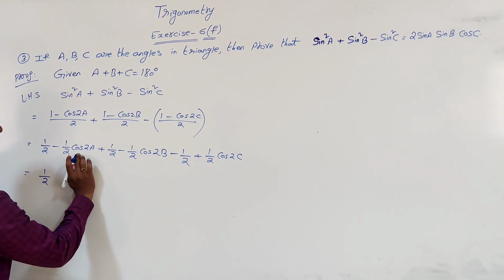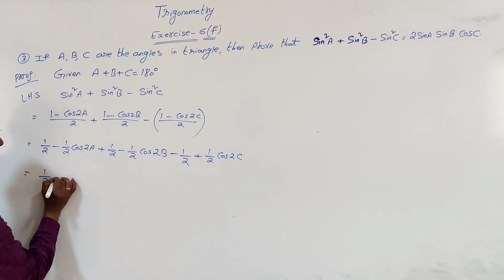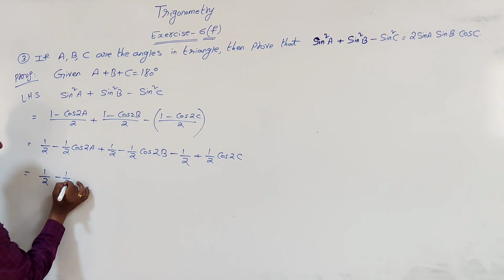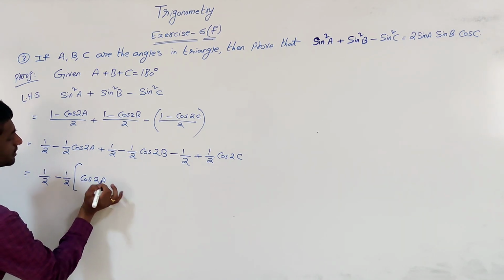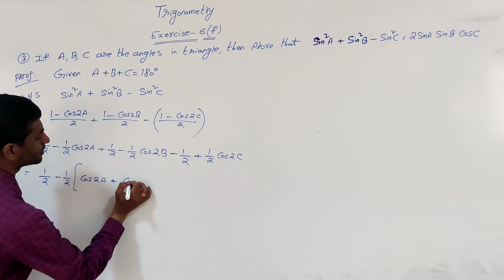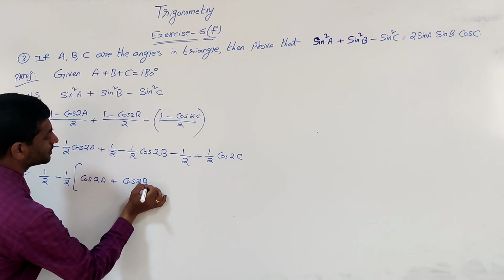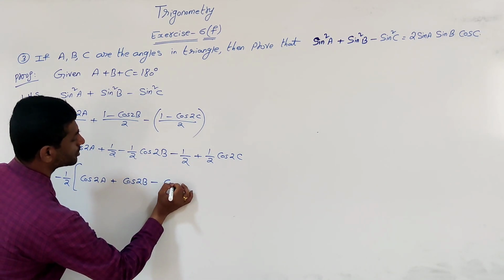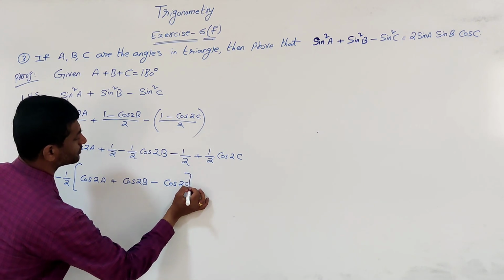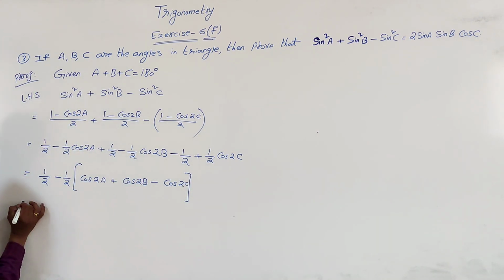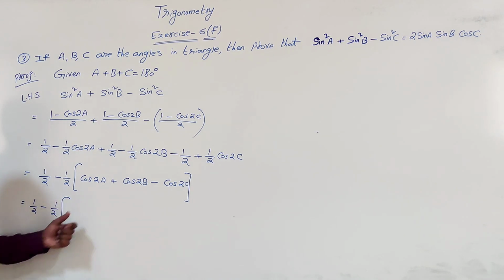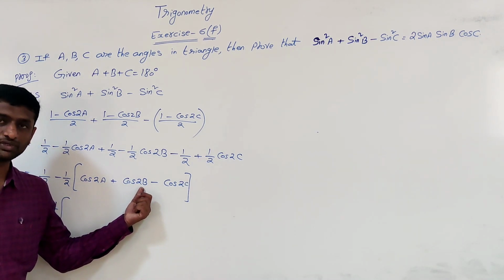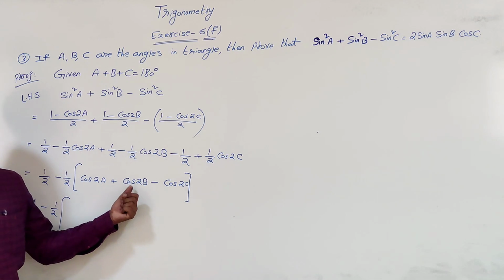And from the remaining terms, if I take minus 1 by 2 as common, then it will be cos 2A plus cos 2B minus cos 2C. So 1 by 2 minus 1 by 2. Again, we can apply the transformation as it is the sum of trigonometric ratios.